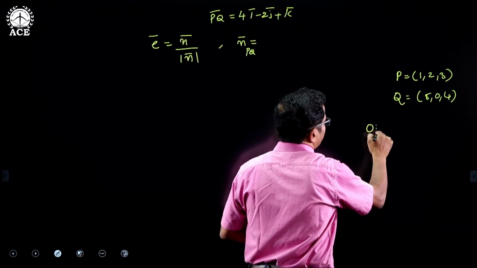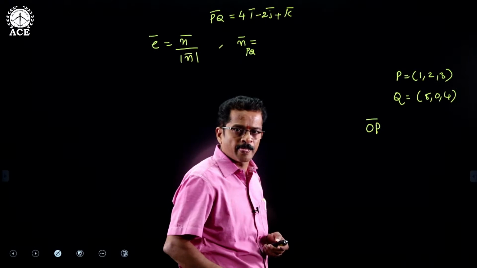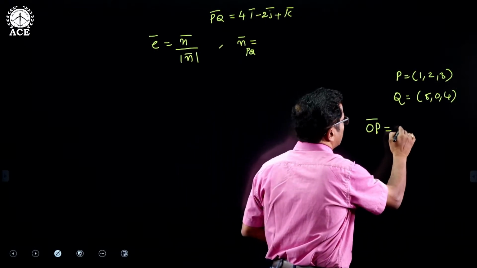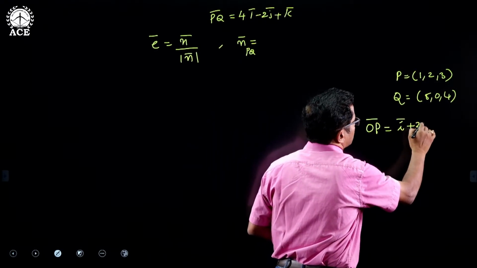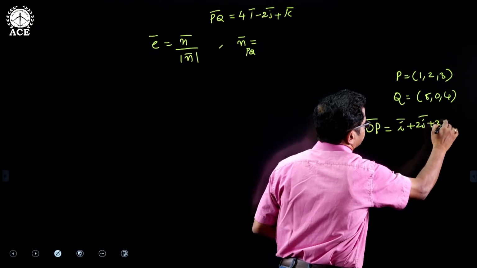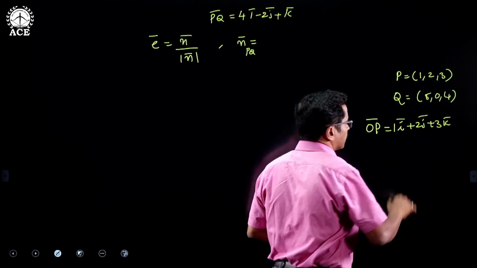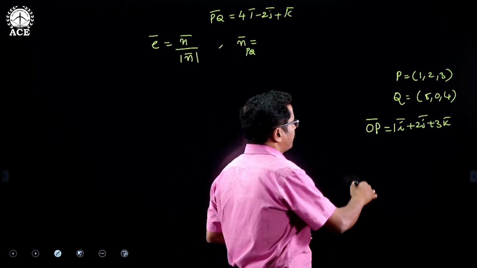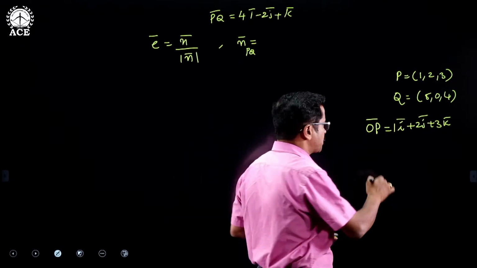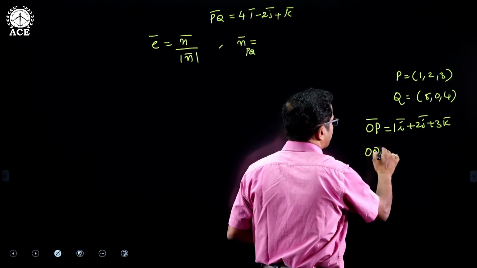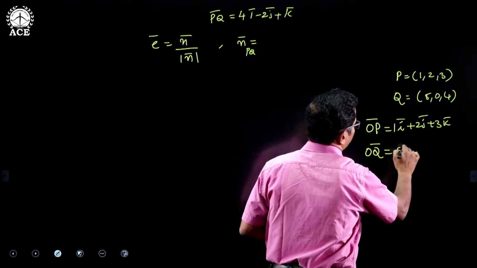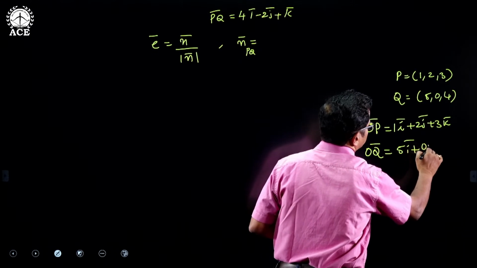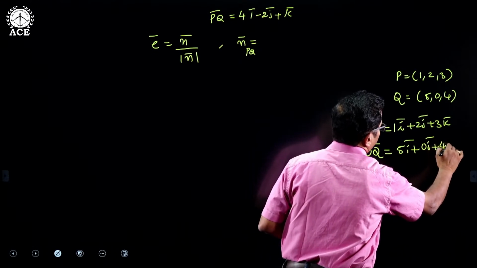I will evaluate the position vector OP bar. OP bar equals 1 I bar plus 2 j bar plus 3 k bar. This is the position vector of the point P. With respect to the point Q, the position vector is OQ bar, that is 5 I bar plus 0 j bar plus 4 k bar.